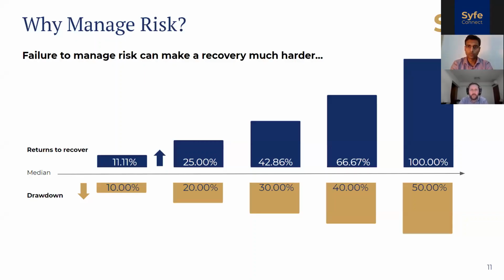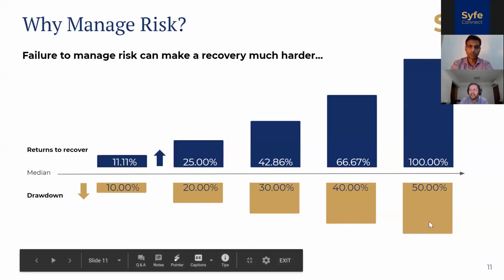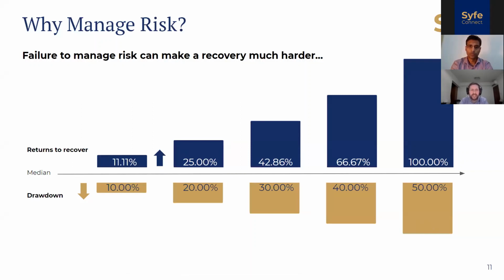If we look a little bit deeper into this, you can see from this slide the gold bars. These gold bars show different percentage dips in the market: a 10% dip in the market, a 20% dip, a 30% dip, and so on. The blue bars show the respective percentage increase needed to restore you, if you'd suffered that dip, back to the original level.